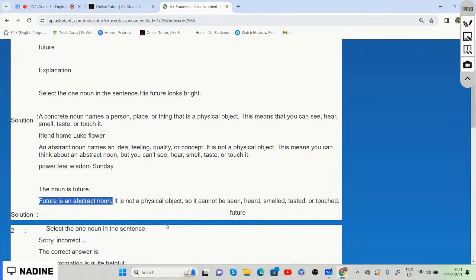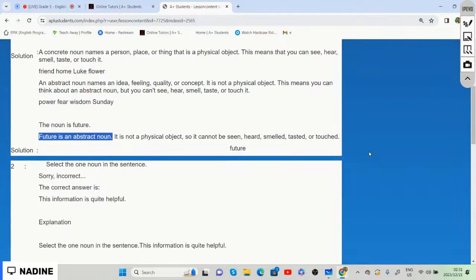Like your future, you cannot see your future. We think about our future, we plan for our future, but it's not a physical thing. You cannot hear your future, you cannot touch your future. So it's not a physical object.